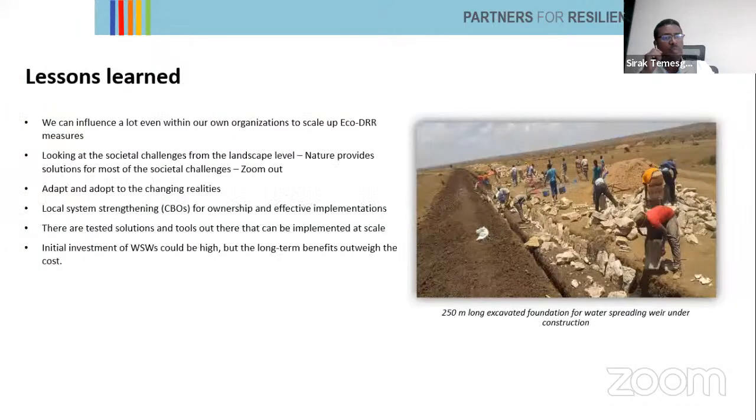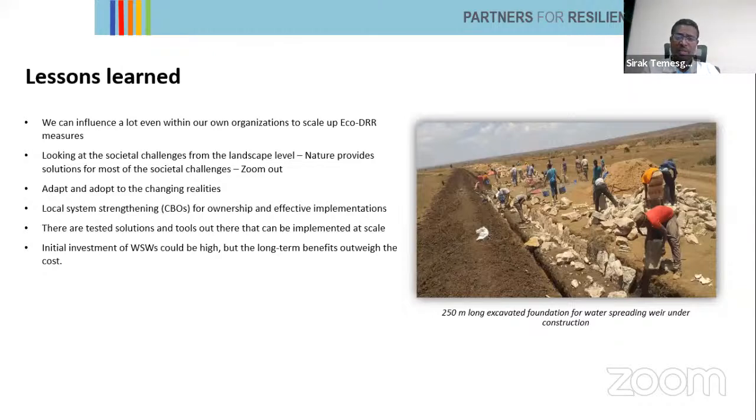Next. Lessons learned. When we started, we were thinking of doing policy advocacy to external agencies, especially government. But we have also managed to achieve quite a lot within our own organization, where after this project, we managed to design 3 projects where most of the Eco-DRR measures are being adopted or introduced. We recently also have a federation appeal being implemented in around 9 countries, and we included some of the key measures.